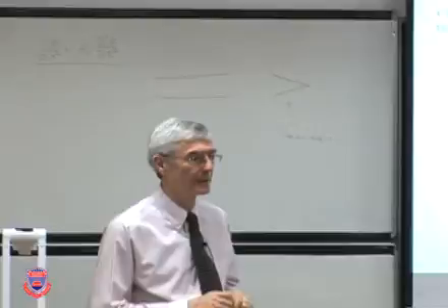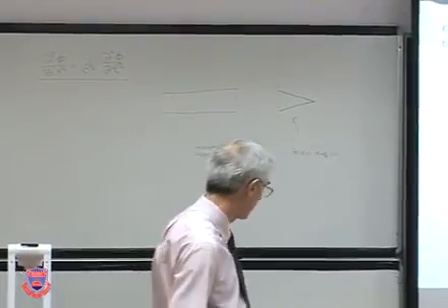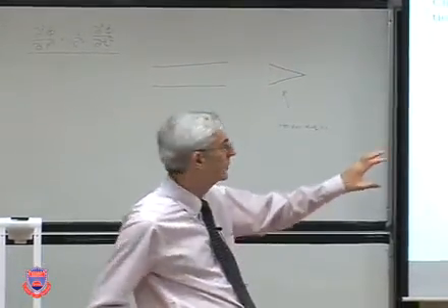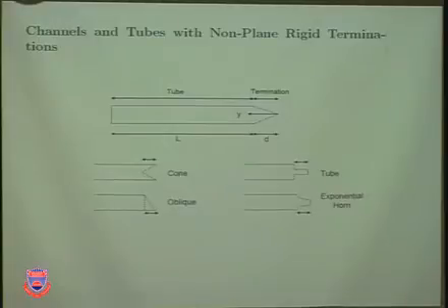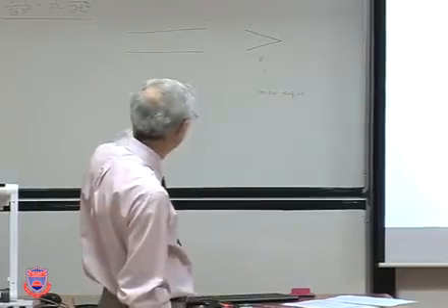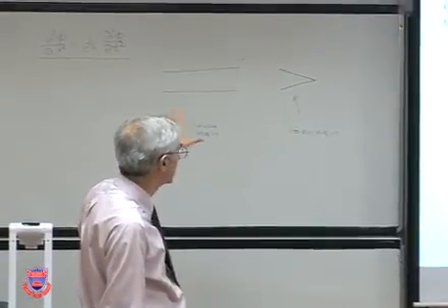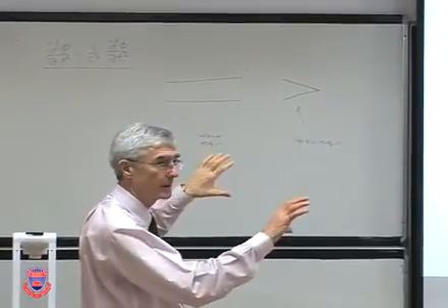Do you see what we're trying to do now? We want to understand what is the acoustic field of a tube that has a different termination than a flat termination. How would we write that equation? Now, we said let's consider two different areas.